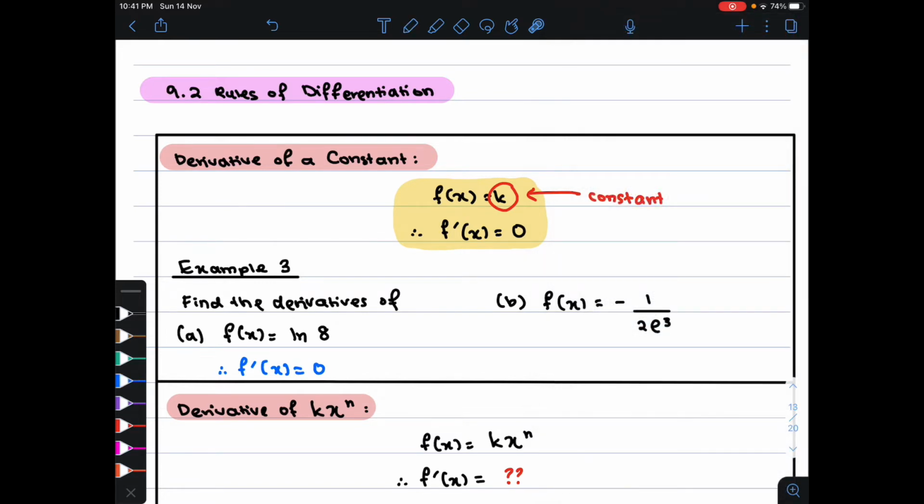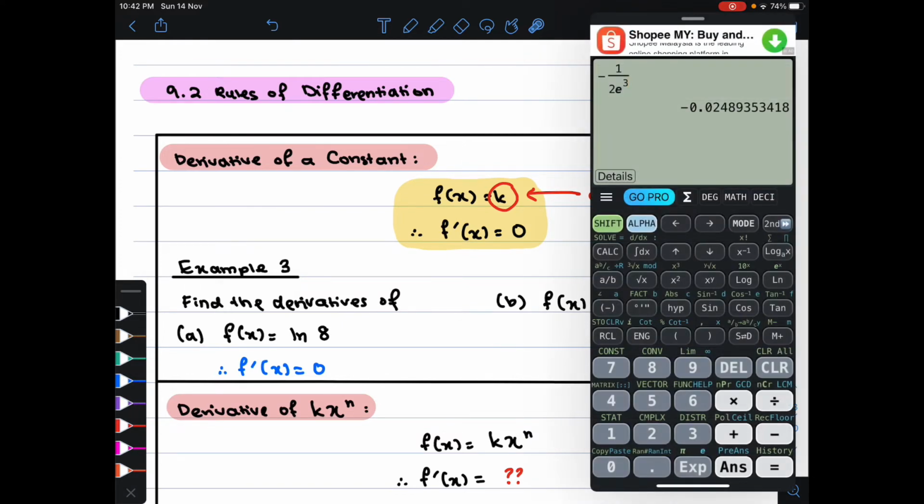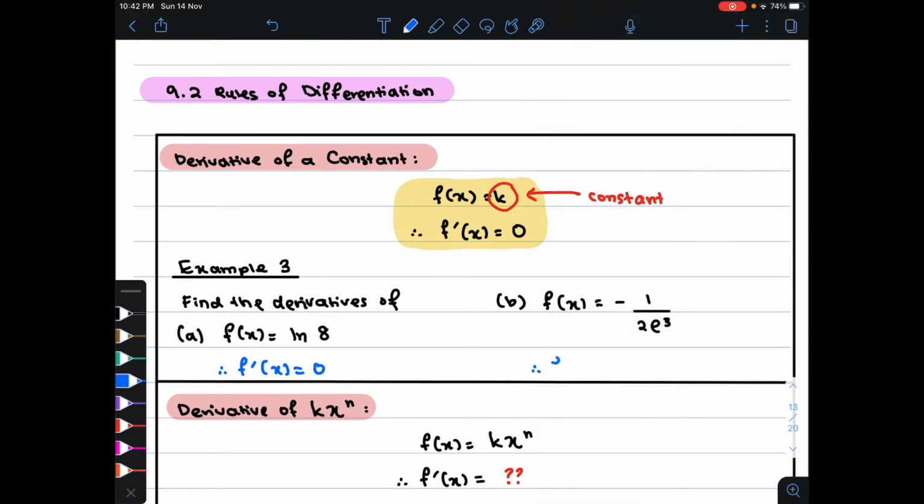For question B, we have f(x) equal to negative 1 over 2e cubed. So this one is also a constant. Using the calculator, negative 1 over 2e cubed is negative 0.02. So it is a constant, and hence, the derivative is f prime x equal to 0.